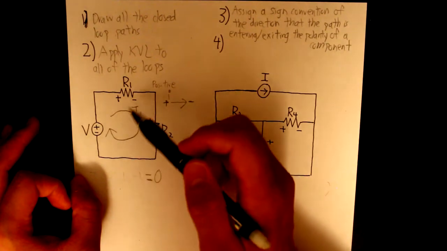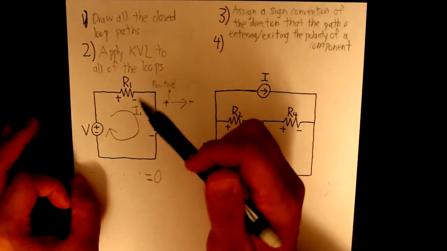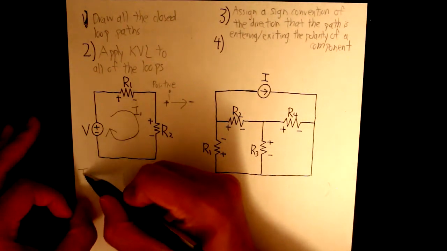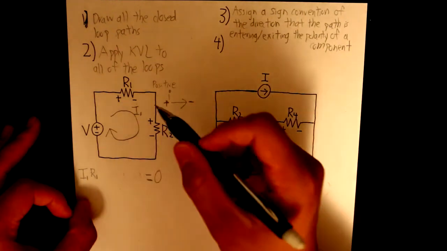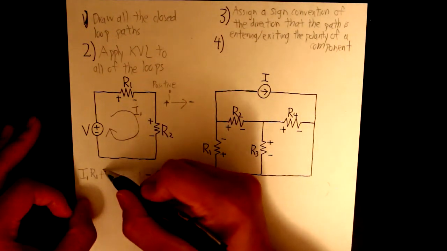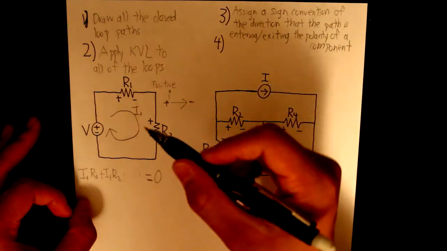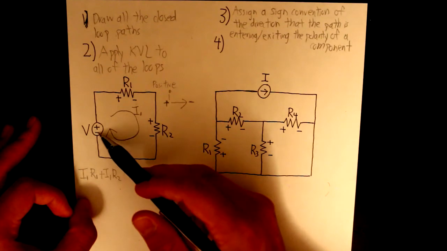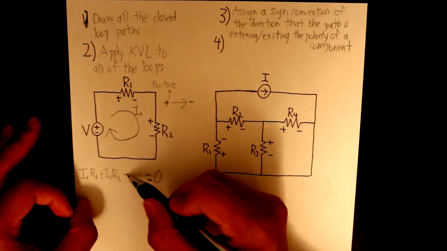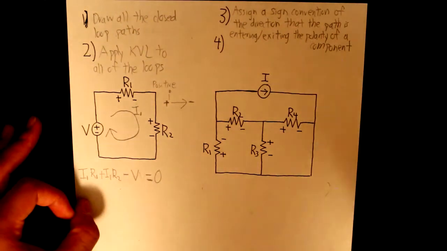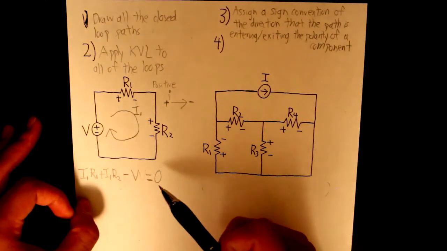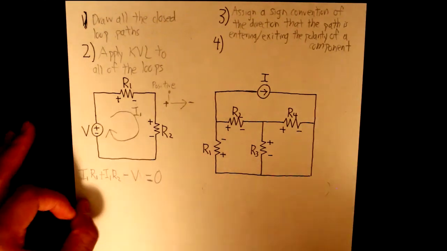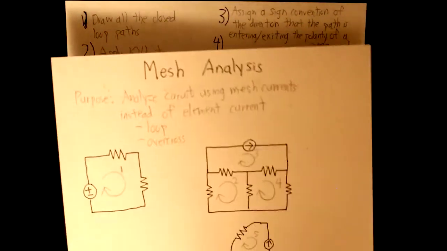So we have this path right here, and we'll start off with this term to apply KVL. So we have I1 times R1, which is positive, and then I1 times R2, which is also positive. And finally, we have this voltage here, and it turns out that this path is traveling from negative to positive, so it's going to be negative. And there we have our KVL equation, and we're going to be able to solve the unknown elements from having the knowledge of how to use mesh analysis.